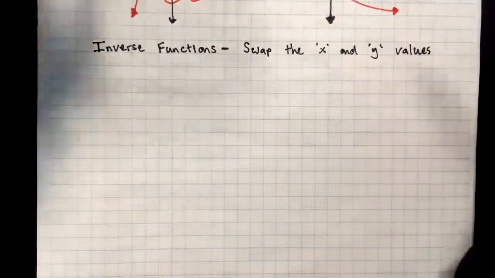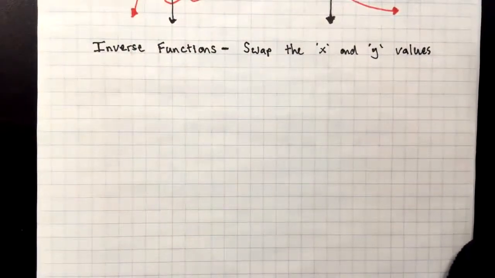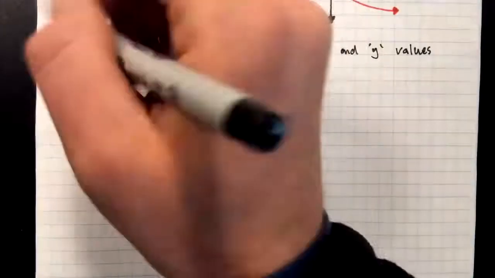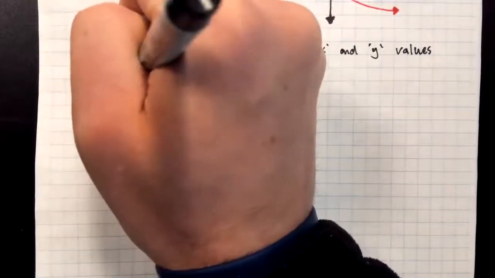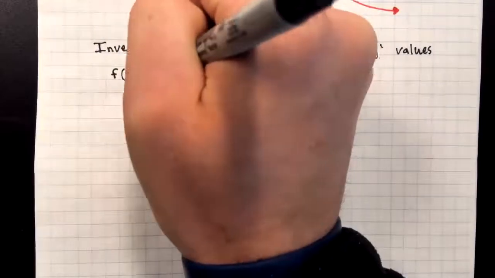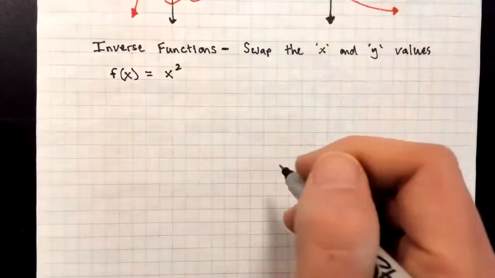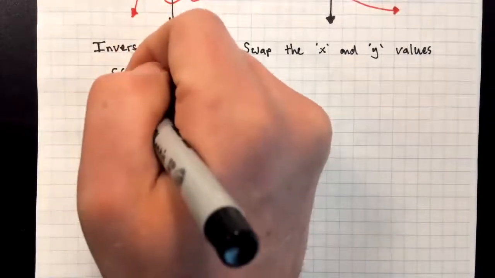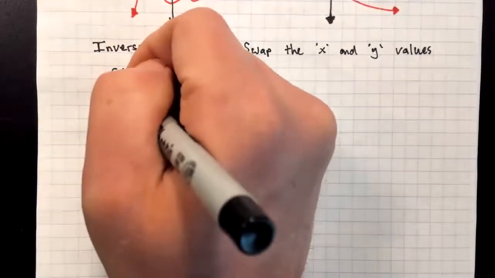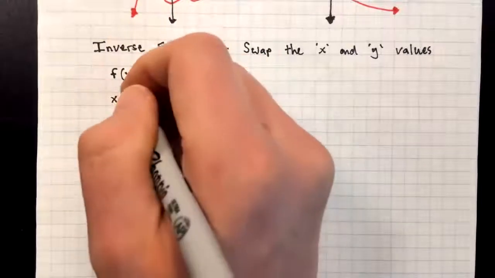Okay, so if we were to start with this function, f of x equals x squared, and I started to plug some things into this function.